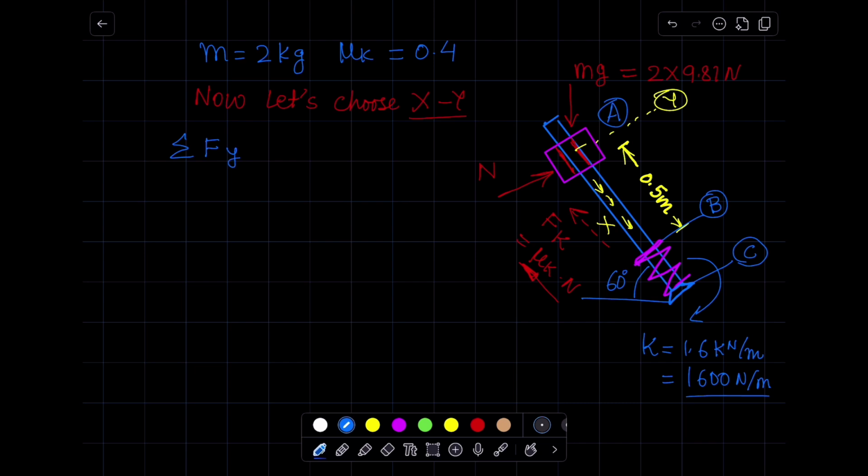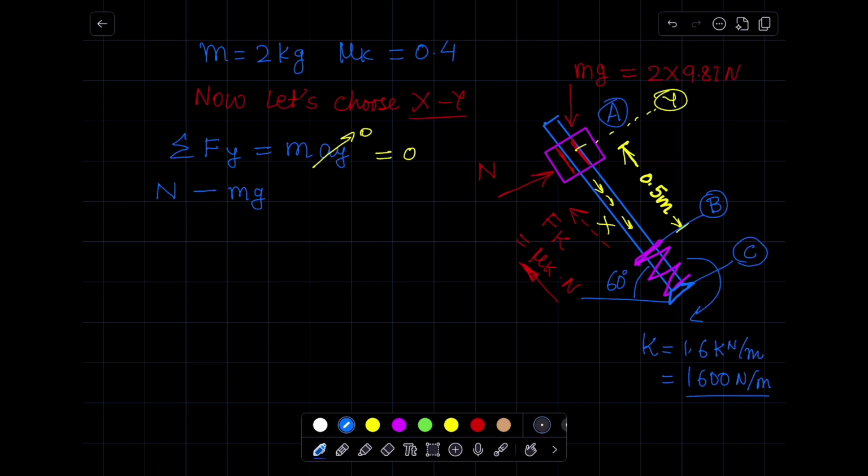I have chosen the axes: in the direction of the motion we usually choose the x direction, and in the perpendicular direction the y-axis. So let's balance the forces in the y direction. As you know, there is no motion in the y direction, so acceleration a_y will be 0.